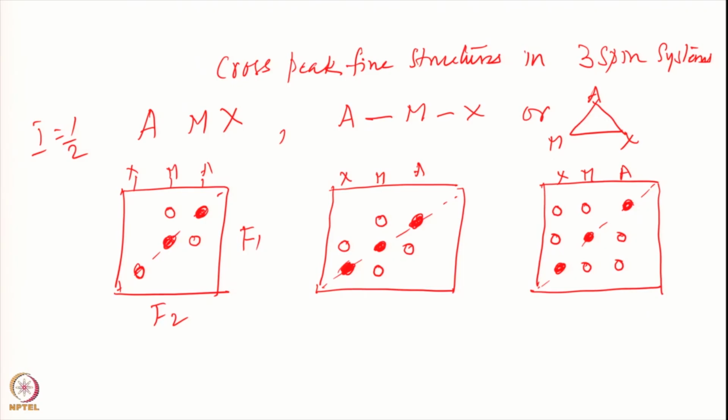Okay. So now if you are looking at this, what will be the 1D spectrum for such a thing, if AMX? Let me draw the 1D spectrum of those. A has a coupling to M, therefore it will be a doublet. A will be a doublet, and what will be M? M has two couplings, therefore it will be a doublet of a doublet.